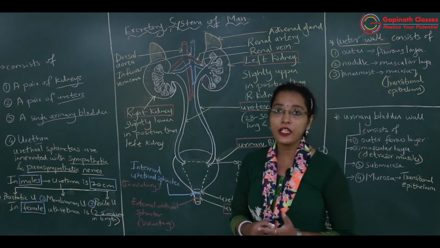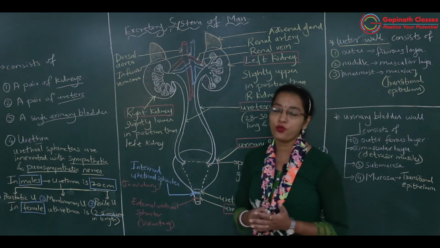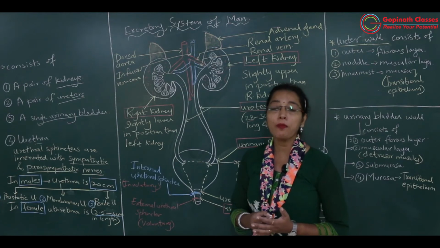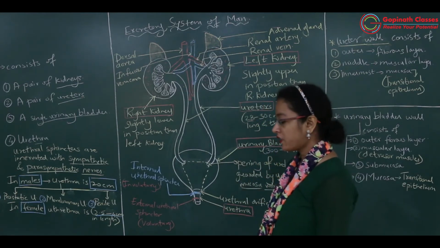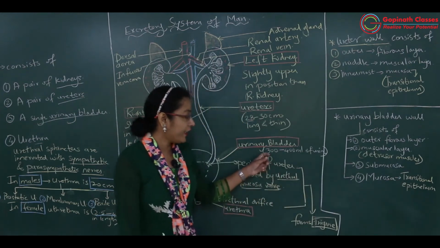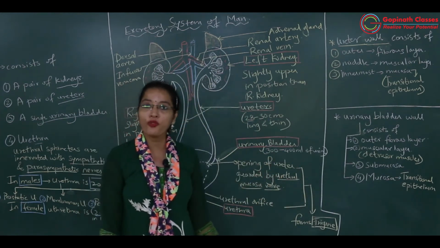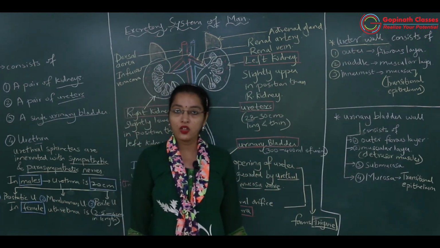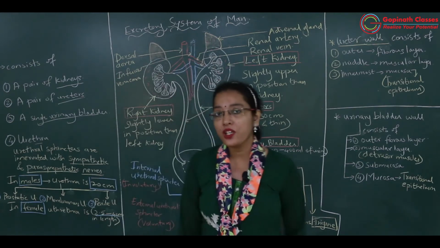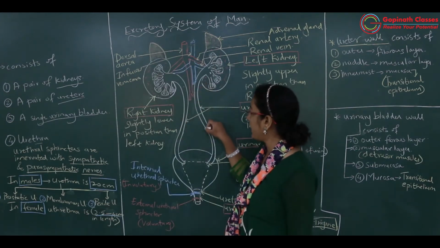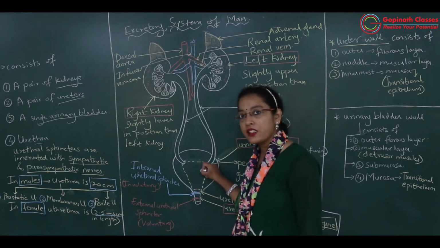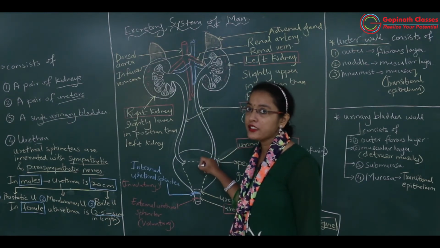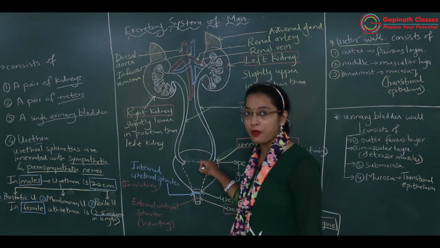So temporarily we can store urine for some time, and the maximum limit कितना है? ज़्यादा से ज़्यादा यूरिन कितना स्टोर कर सकते हैं अपनी बॉडी? 300 to 400 ml of urine. Okay, got it? So whatever urine is conducted through the ureter enters the urinary bladder and is collected and stored for some time there.